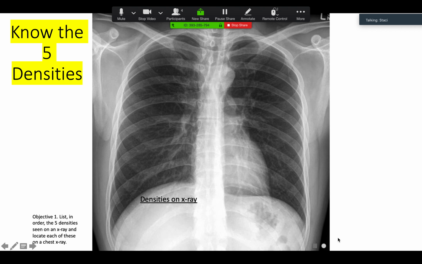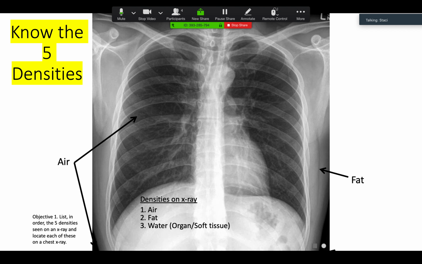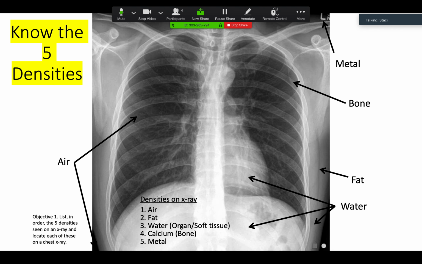So I just took this straight from his PowerPoint, and that's why there's animation. We've got air, fat, water, bone, and then metal.